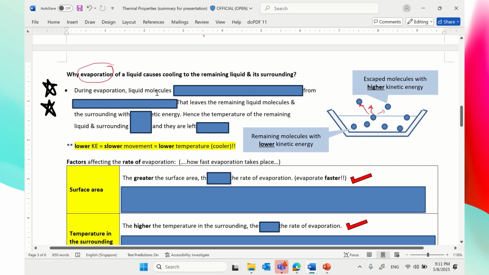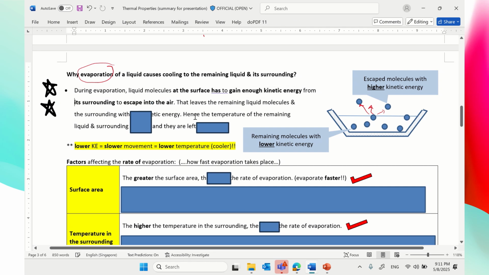During evaporation, liquid molecules at the surface have to gain enough kinetic energy from who? From their surroundings, to escape into the air.